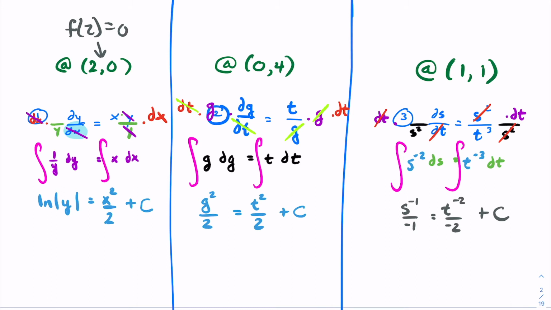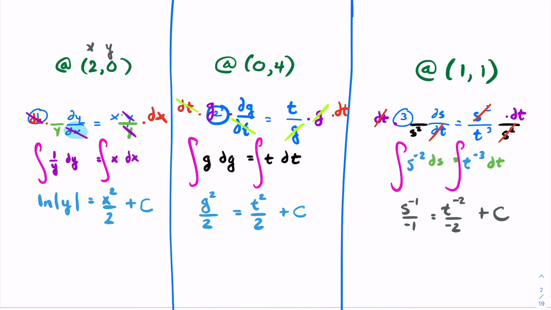They might write this as g of 0 is equal to 4, but really that's just 0 comma 4 and so forth. So just keep that in mind. I'll show you how it can look a little bit weird on the exam, but basically what we're going to do here is plug in our x coordinate and our y coordinate.